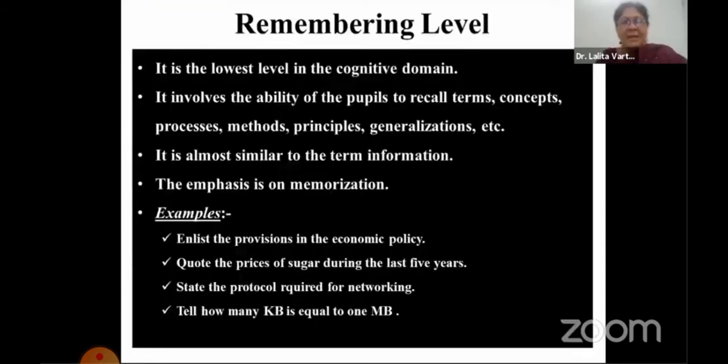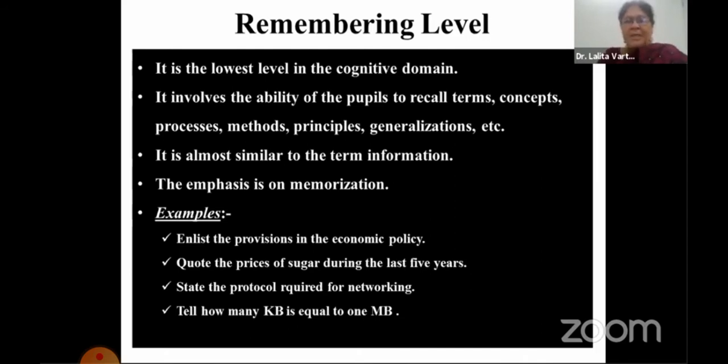If we look at the remembering level, as I mentioned earlier, it is the lowest level in the cognitive domain. It involves the ability of the pupils to recall the terms, the concepts, the processes, the methods, the principles, the generalizations, etc., which they have learned.